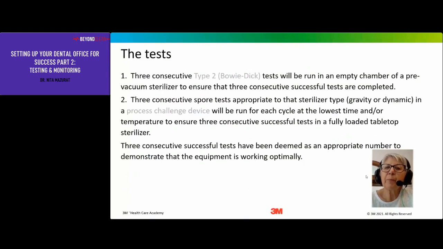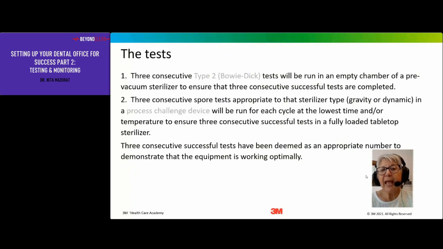So if you're doing a Bowie-Dick or a type 2 test, it's run in an empty chamber of a pre-vac sterilizer. If you've got a pre-vac sterilizer, it is to ensure that 3 consecutive successful tests are completed.